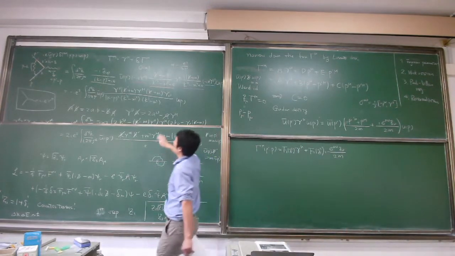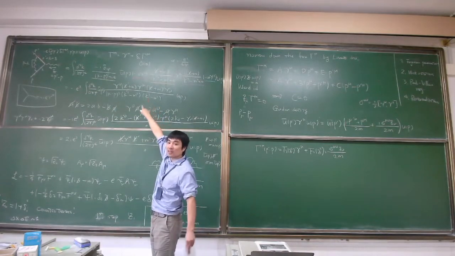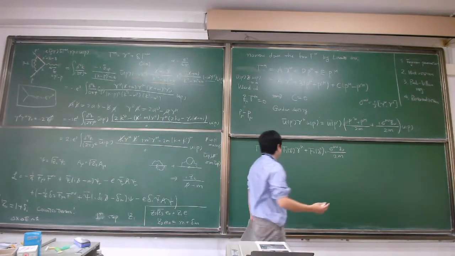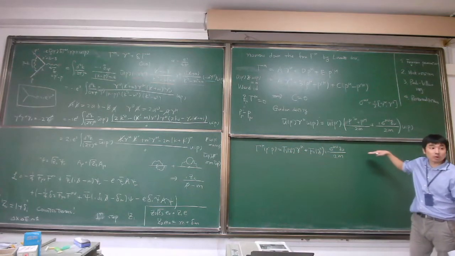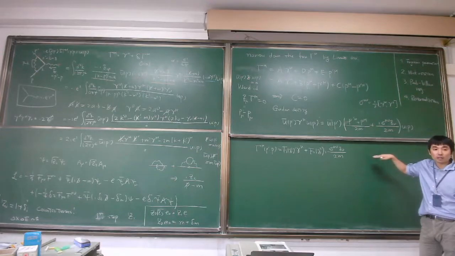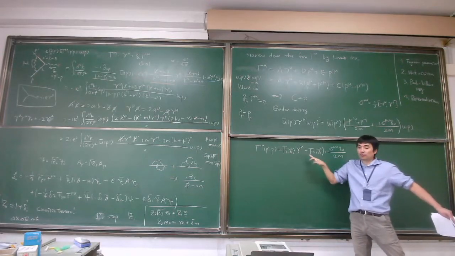And we will see that if you do this integral, one can manipulate it into the following form. I'm going to show that, and we will read off this F1 and F2.